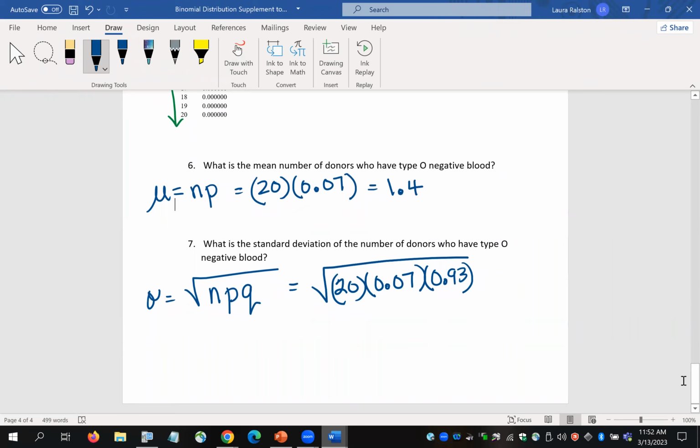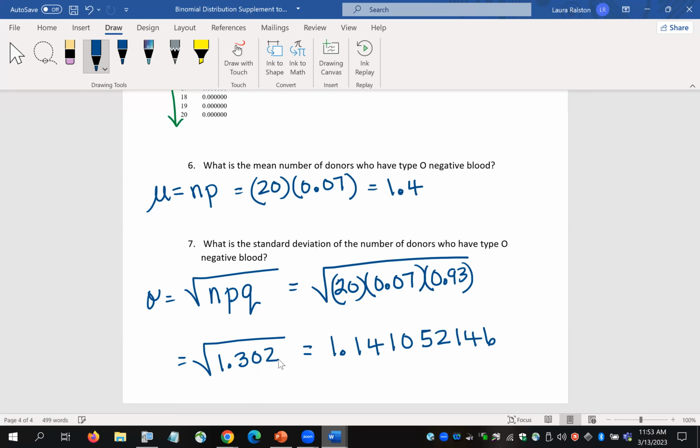So 20 times 0.07 times 0.93 would be the square root of 1.302. So when I square root it, I get 1.141052146. So it would be about 1.14.